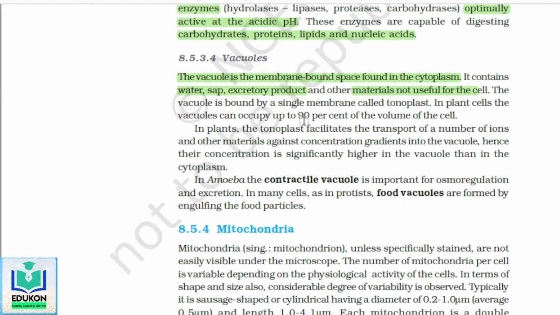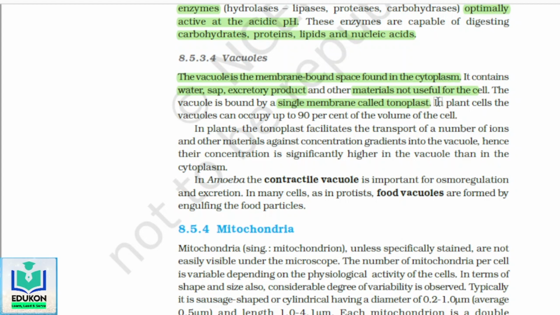And the vacuole is bound by a single membrane. Remember this, which is called the tonoplast. So what we learned: a vacuole is a membrane-bound space found in the cytoplasm. It also contains water, sap, excretory products, and other materials not useful for the cell, and is bound by a single membrane called the tonoplast.